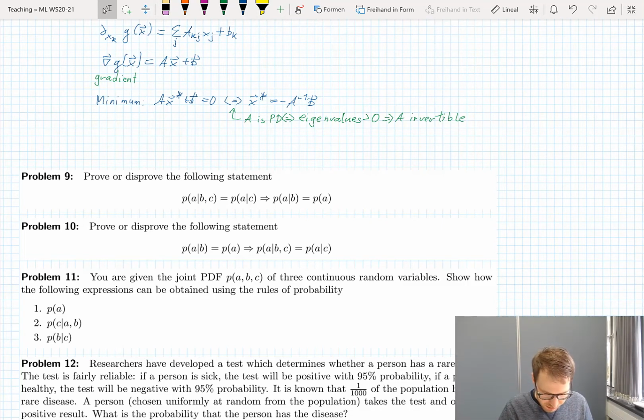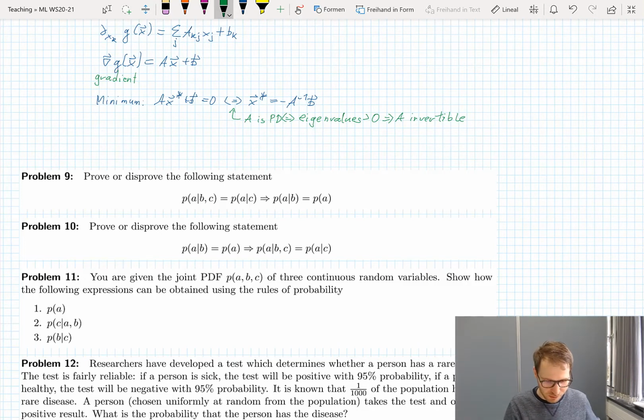Basically problem 9 is conditional independence implies independence, and then problem 10 is independence implies conditional independence. And for those of you who remember some probability theory, you will know that those are both wrong.